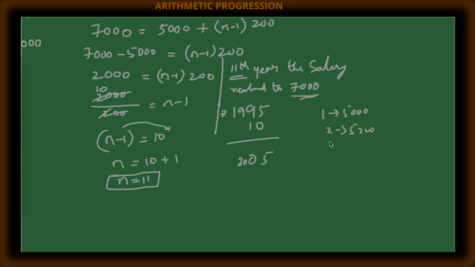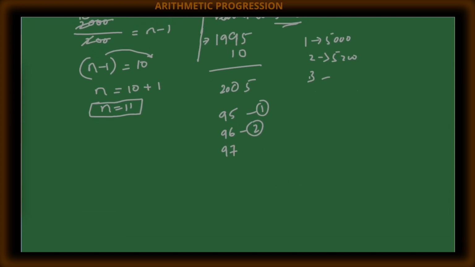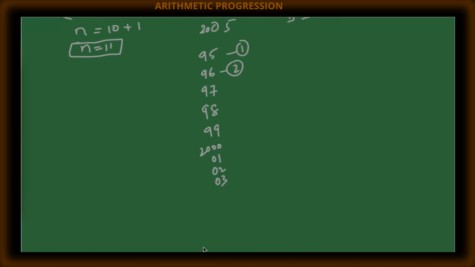Okay, so let's put it in this way. 95 as first year, 96 as second year, 97, let's first write it down, 97, 98, 99, 2000, 2001, 2002, 2003, 2004, 2005.